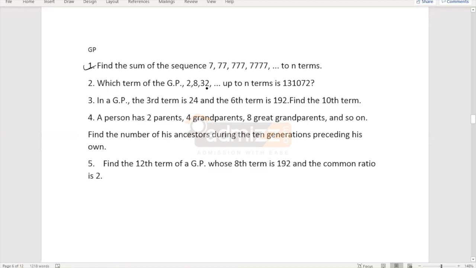Which term of the GP 2, 8, 32 up to n terms is 131072? Now you can see here how to get the sum of this. So what is given? 7 plus 77 plus 777 plus 7777 plus, in this way, up to n.